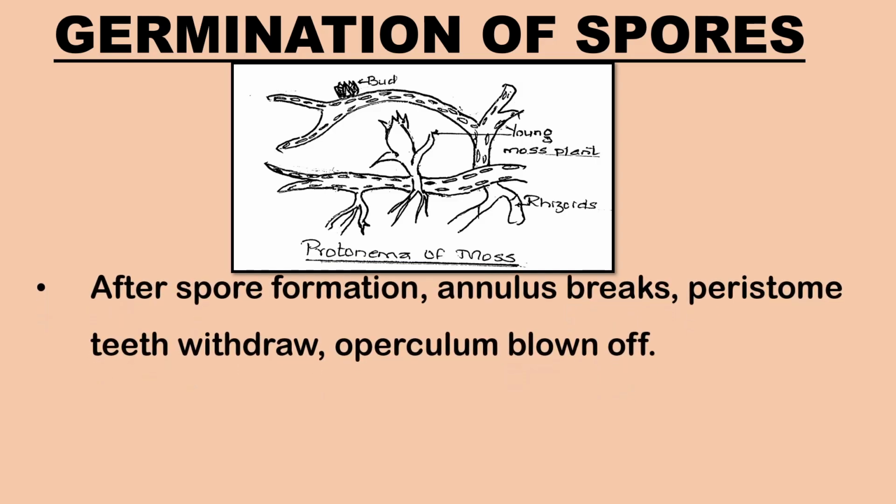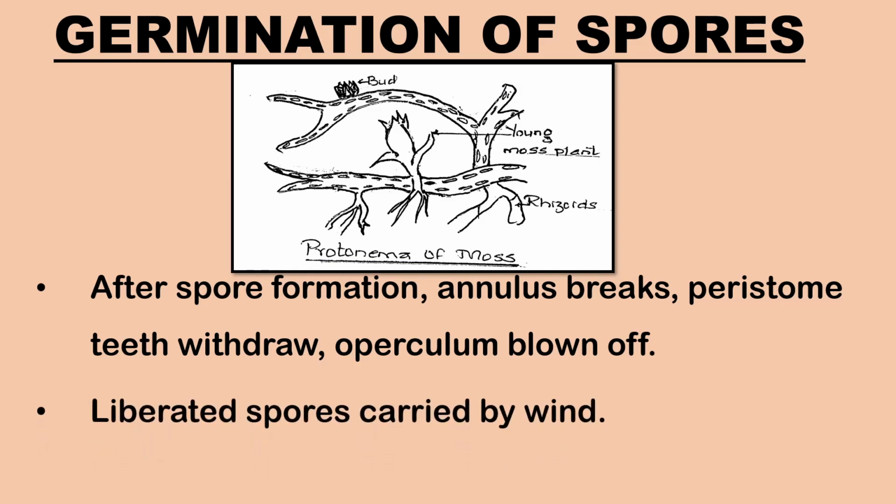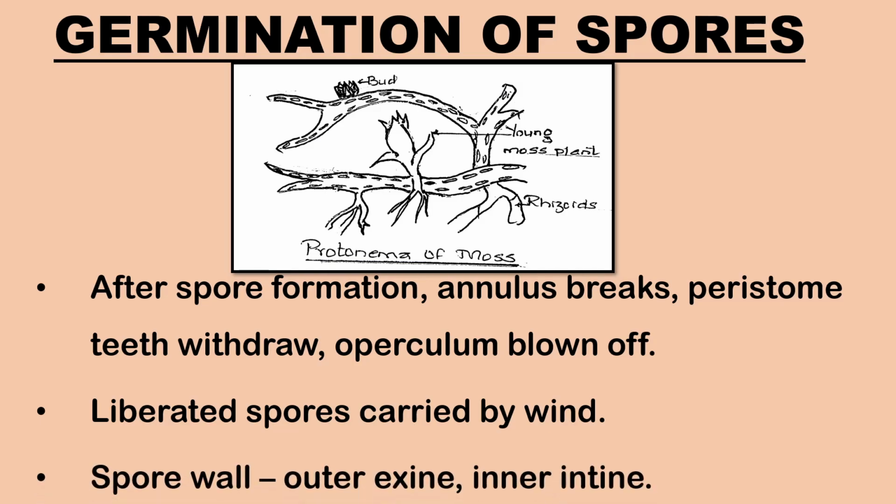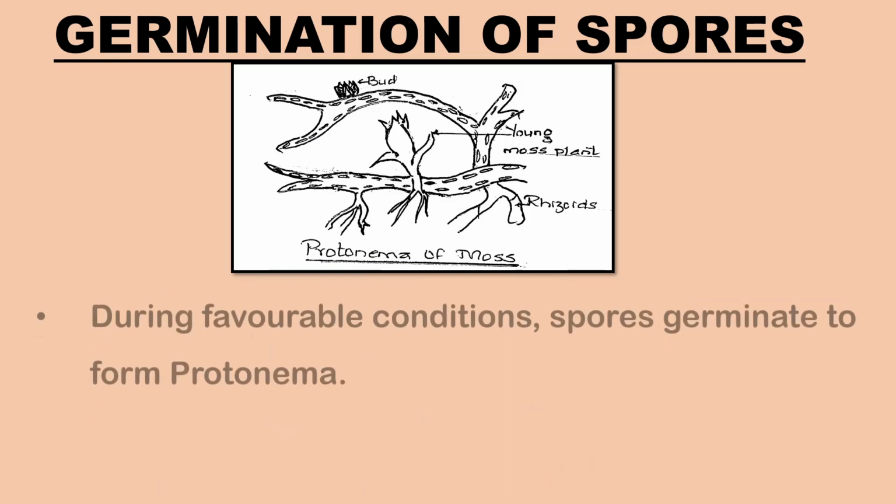After the formation of spores in the capsule, the annulus breaks, peristome teeth withdraw, and as a result, the operculum is blown off. After dehiscence of the capsule, the spores are liberated and are carried by wind. The spore has an external wall exine and an internal wall intine.